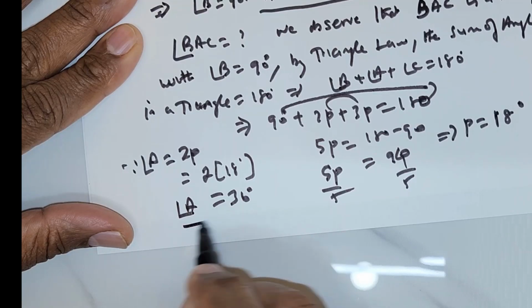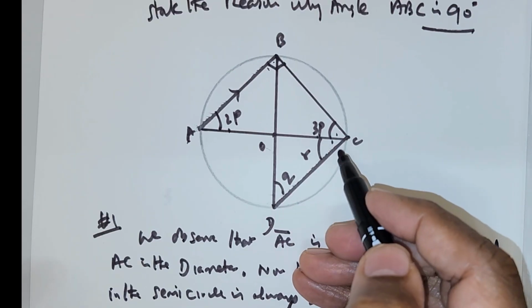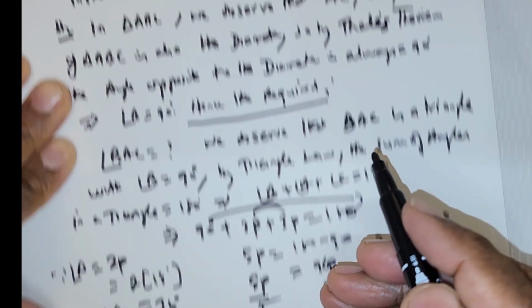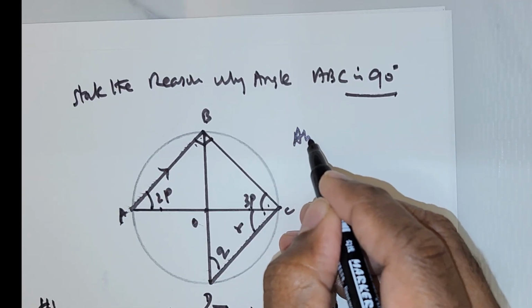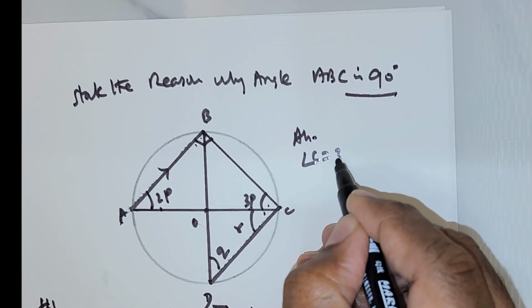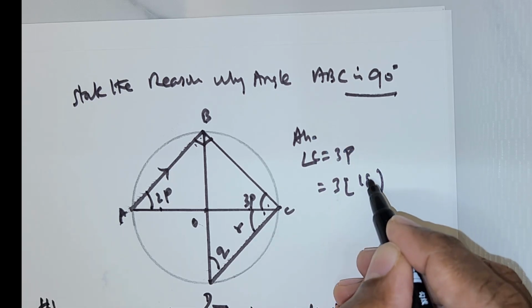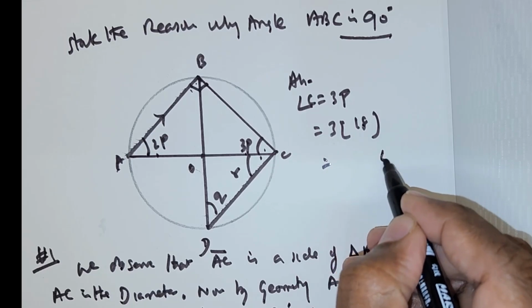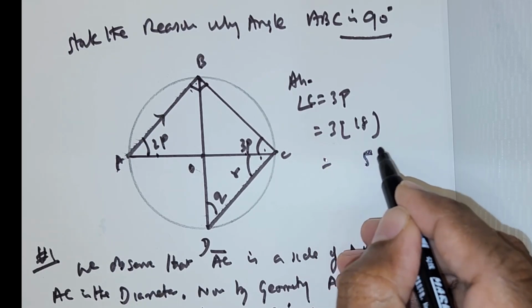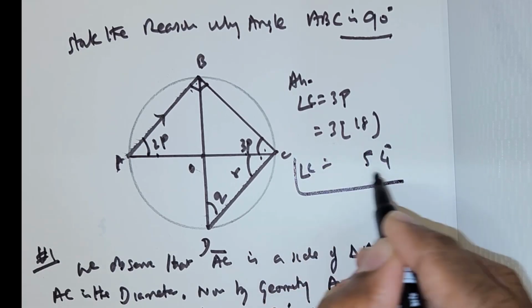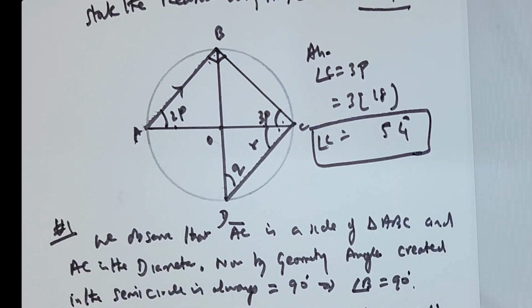This is the angle at A. Angle at C also we can calculate. Okay, so I'm writing it here. Also, angle at C is 3 into p, which is nothing but 3 times 18, which means 54 degrees. So this is the angle at C.